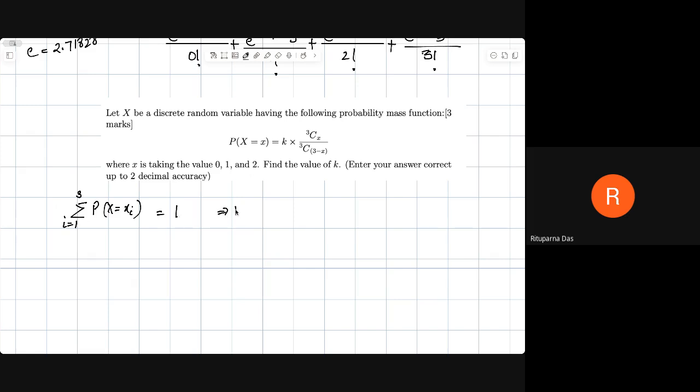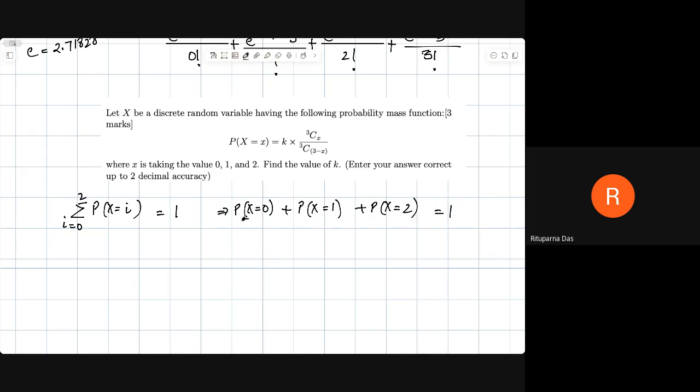It means that P of x equal to 0 plus P of x equal to 1 plus P of x equal to 2, or I can write it like this, sum over x equal to i, and i is 0, 1 and 2. So this is equal to 1.